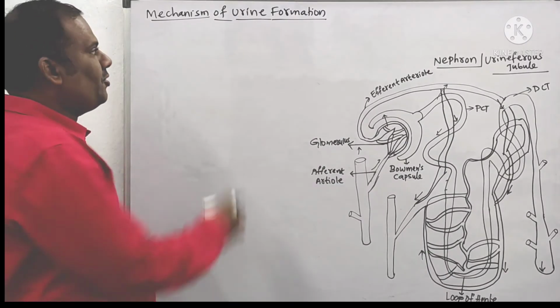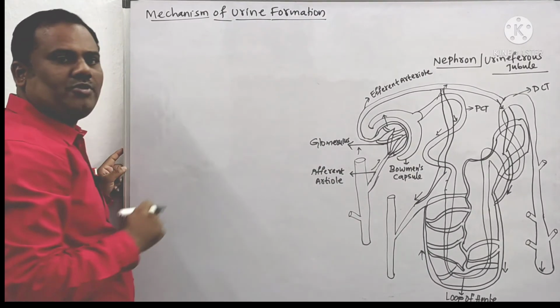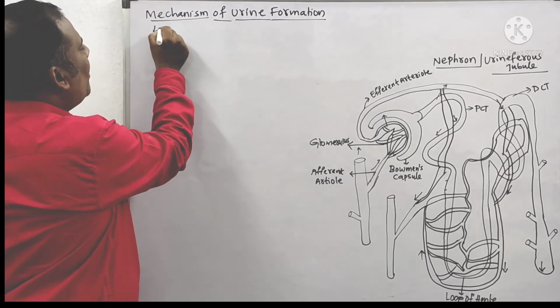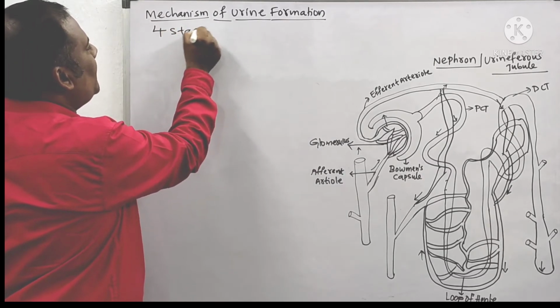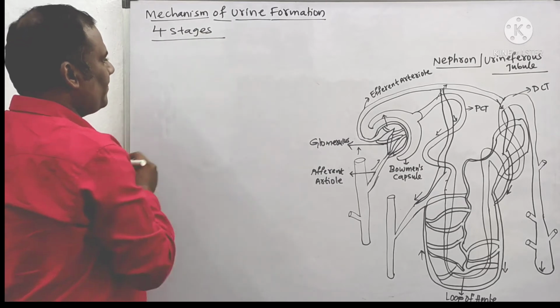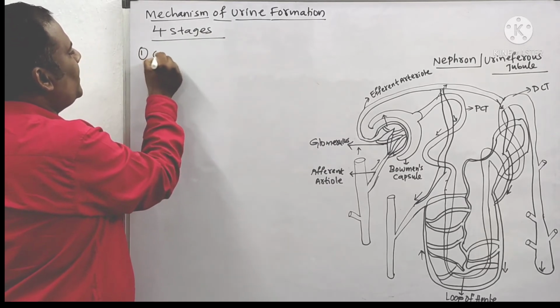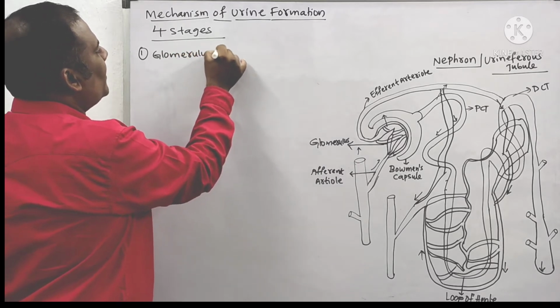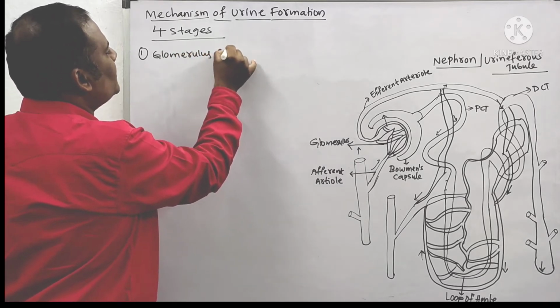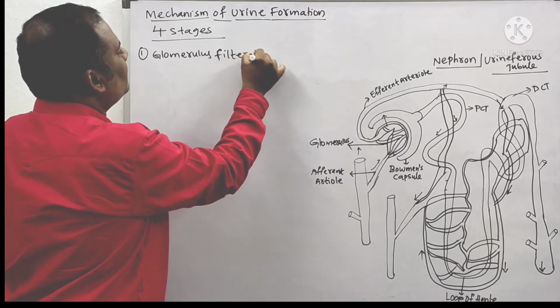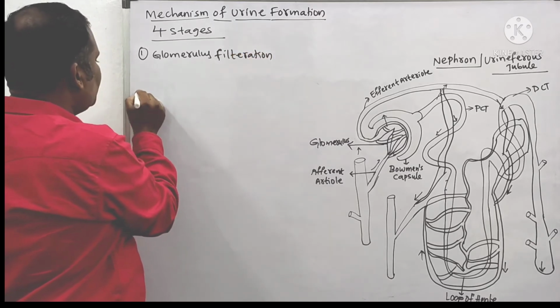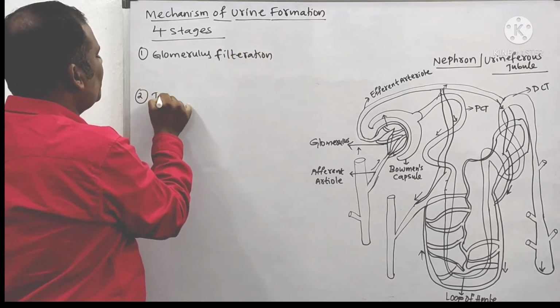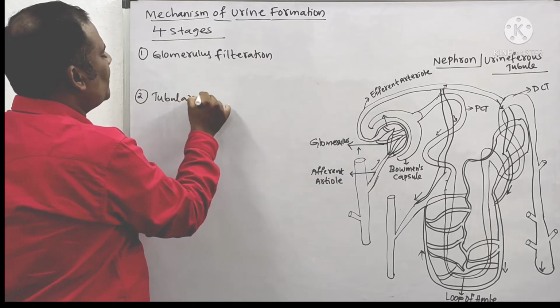Mechanism of urine formation, that means how the urine will be formed. There are 4 stages in urine formation. The first stage is glomerulus filtration. The second stage is tubular reabsorption.